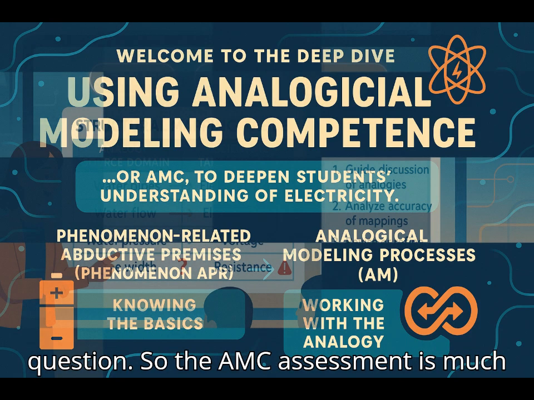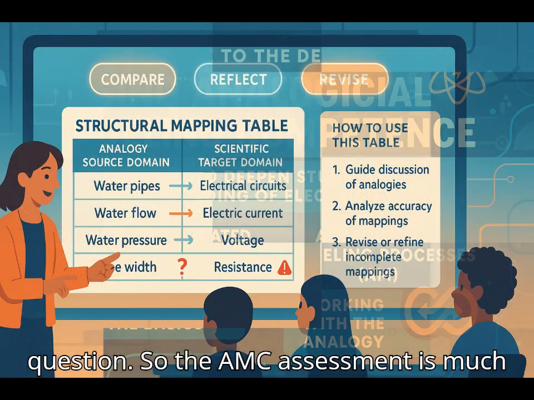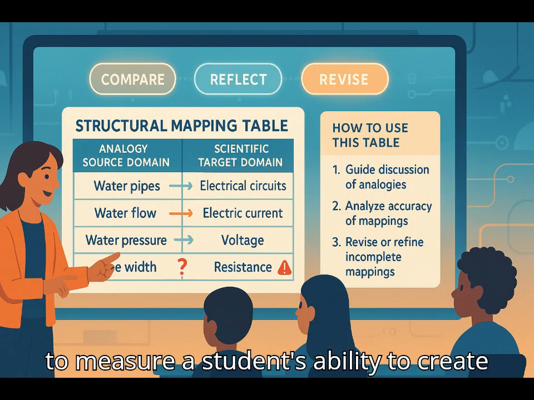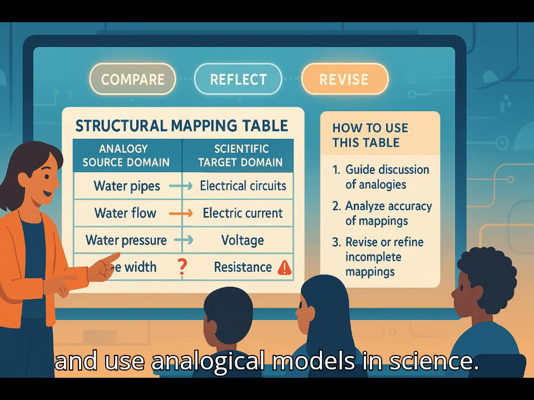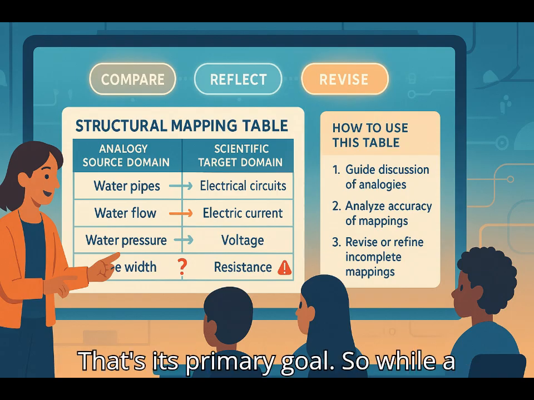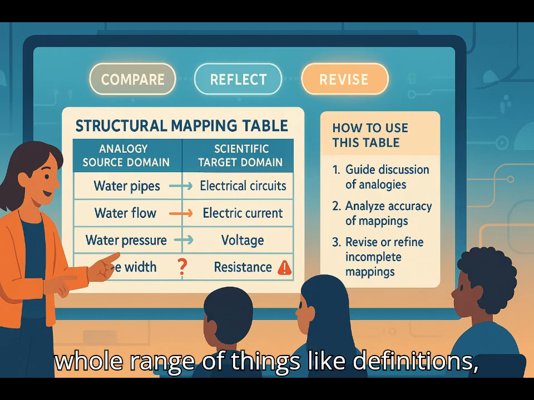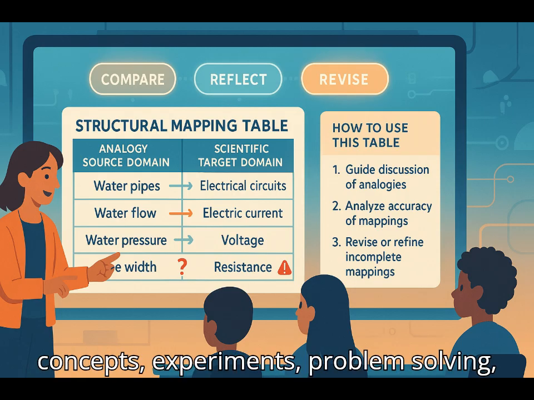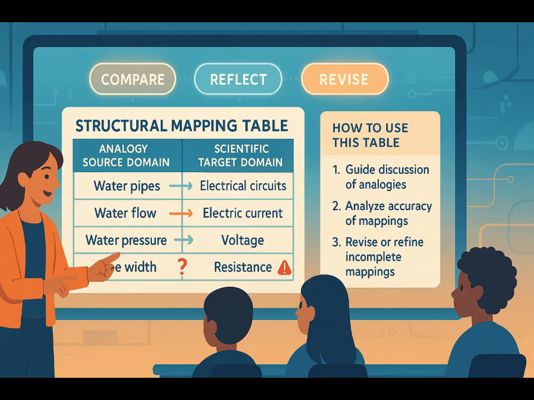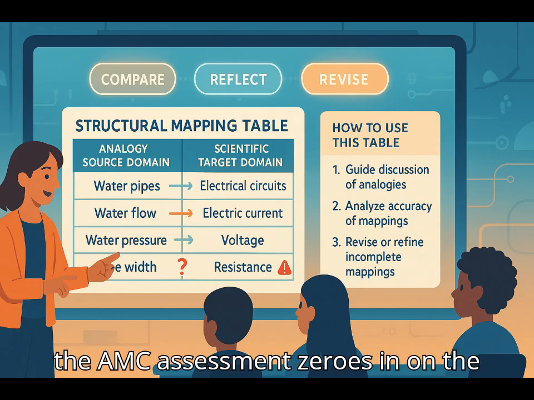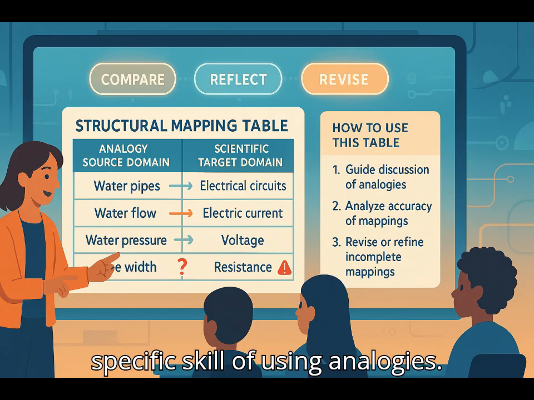That's a great question. So the AMC assessment is much more focused. It's specifically designed to measure a student's ability to create and use analogical models in science. That's its primary goal. So while a general science test might ask about a whole range of things like definitions, concepts, experiments, problem solving, the AMC assessment zeroes in on the specific skill of using analogies.